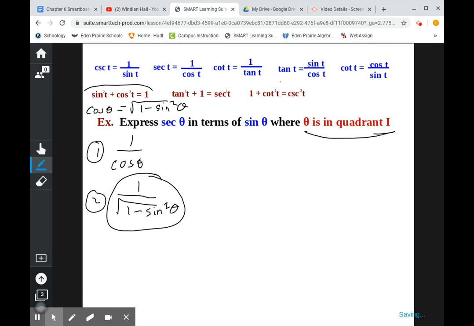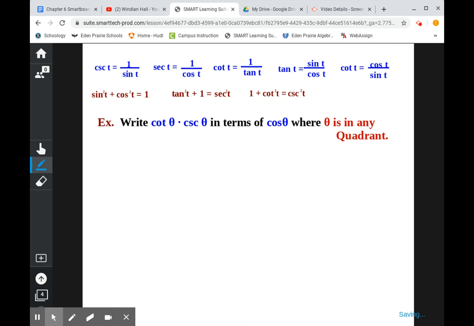Next example. It says, write the cotangent times the cosecant in terms of only the cosine, where theta is in any quadrant. I know you are doing some of this in chapter 5; we're going to keep on going. So let's change this. It says the cotangent of theta. I'm going to change that right away.